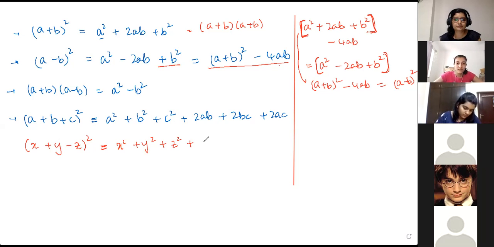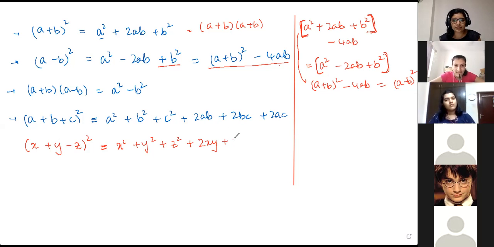Plus 2xy. 2xy, yes. Plus 2yz. Where did the 2 go? After that 2bc, 2yz. Yes, ma'am. 2yz. So is it plus or is it minus? 2bc, right?